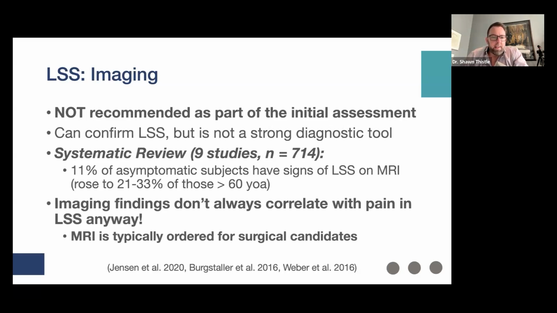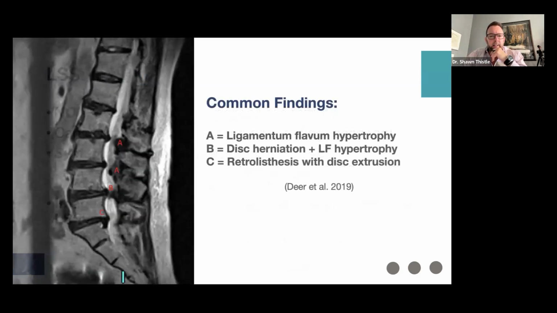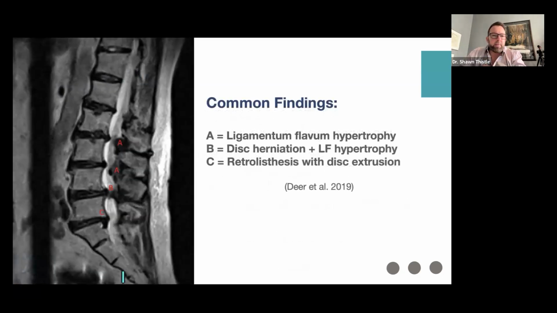The punchline is imaging findings don't always correlate with pain in lumbar spinal stenosis. And as I said earlier, MRI is typically ordered if they are to become a surgical candidate down the road, so ordering it typically is not our responsibility from a clinical perspective.